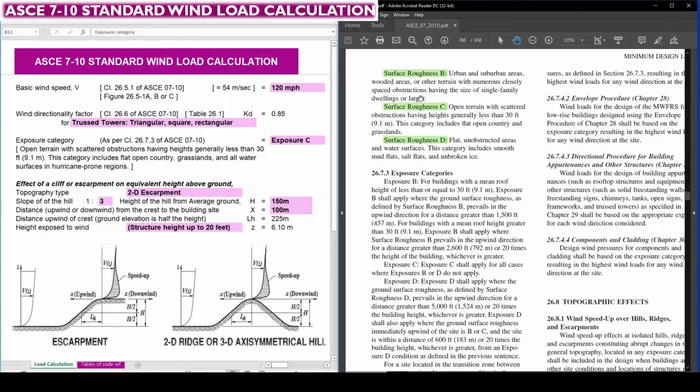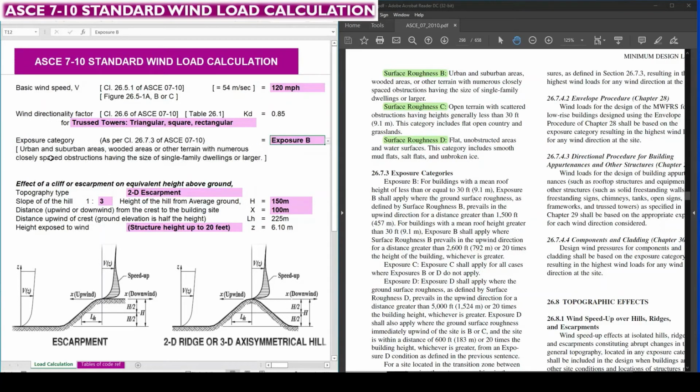If surface roughness B, it means urban and suburban areas, wooded areas, or other terrain with numerous closely spaced obstructions having the size of a single-family dwelling or larger. So likewise, three definitions are given for the three exposure categories.